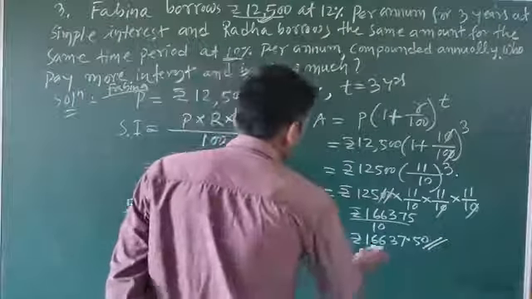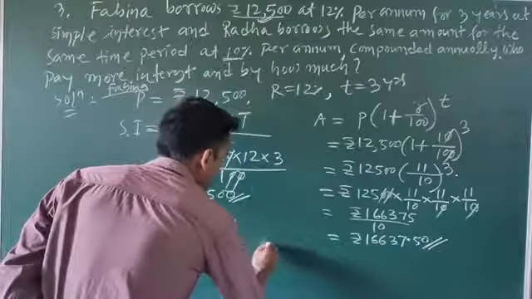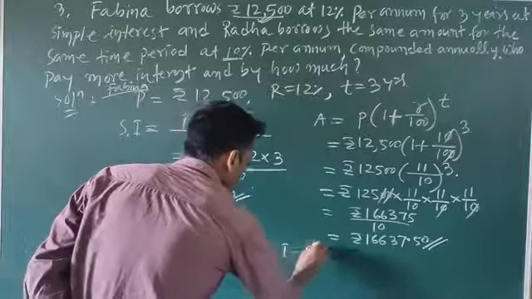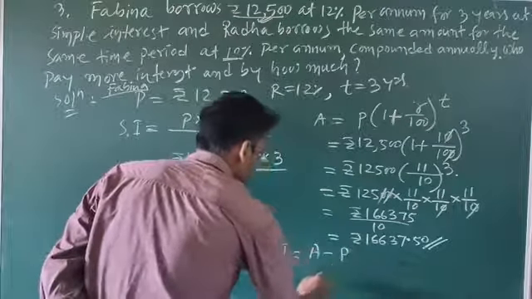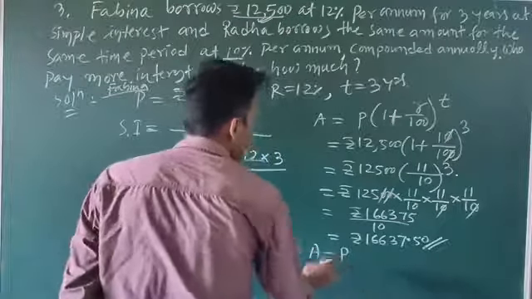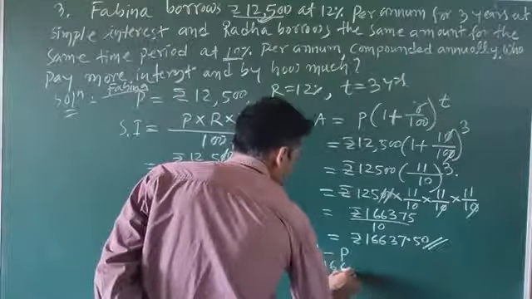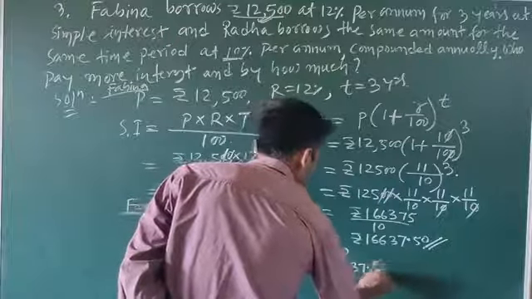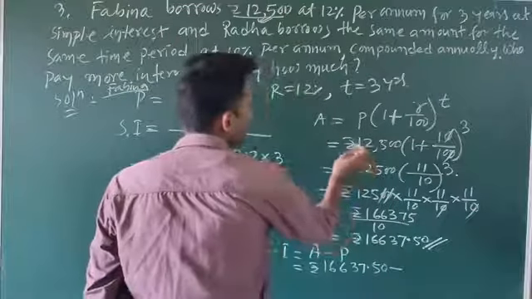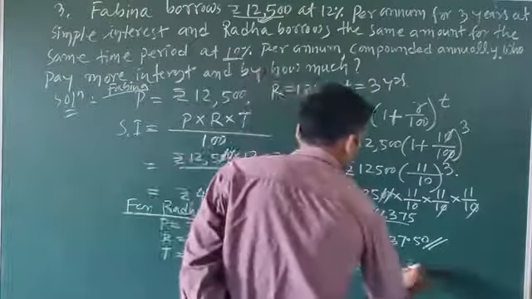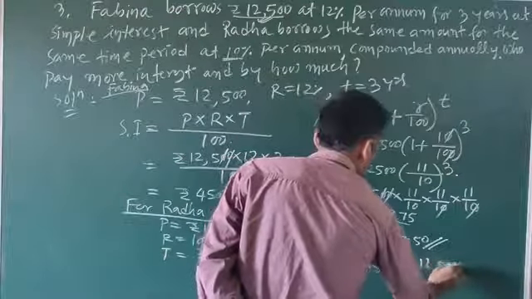So now we find compound interest. Compound interest is amount minus principal. Amount we get is rupees 16637.50. Principal is 12,500.